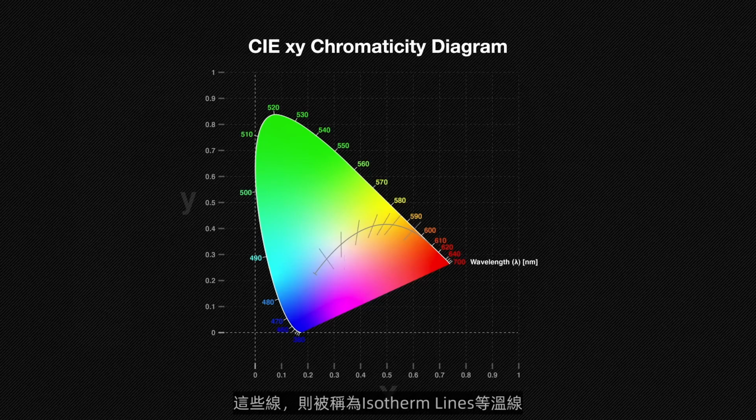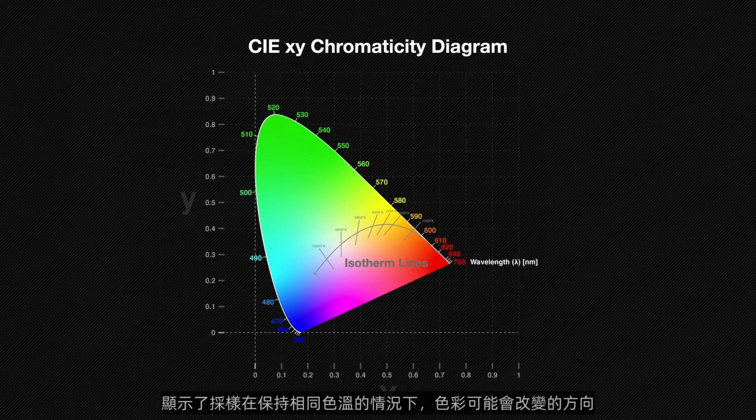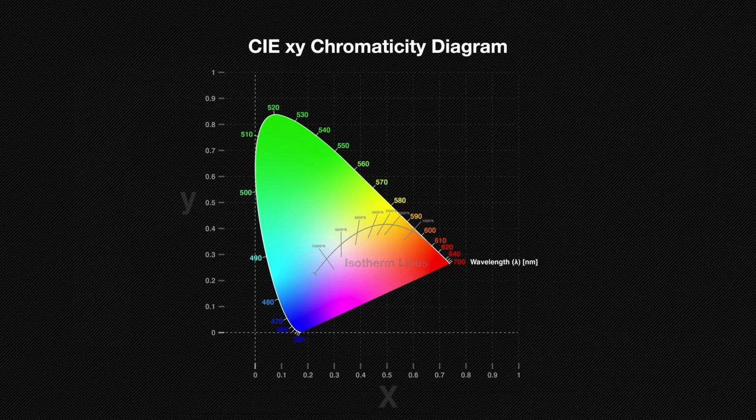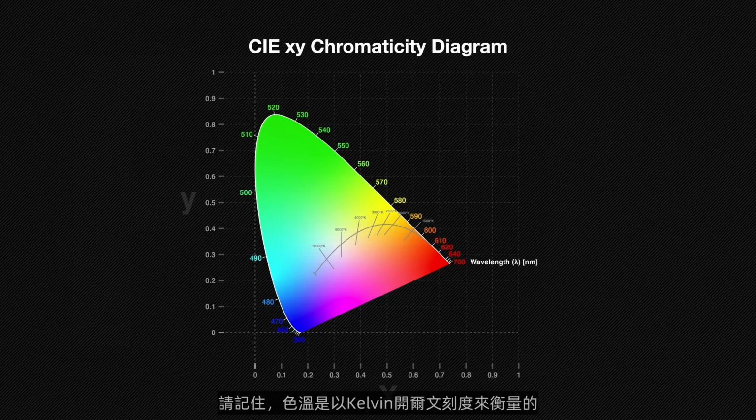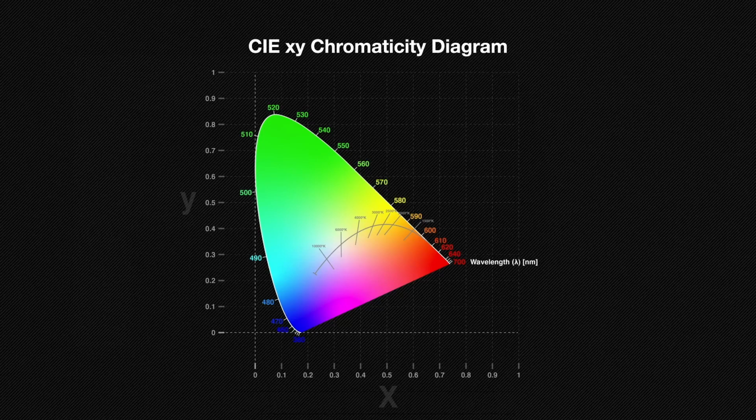These lines are called isotherm lines, which show the direction in which samples could change color while still preserving the same color temperature. Remember, the color temperature is measured in the Kelvin scale. The higher the temperature, the more bluish the color, and at the other end, the lower, the more reddish.